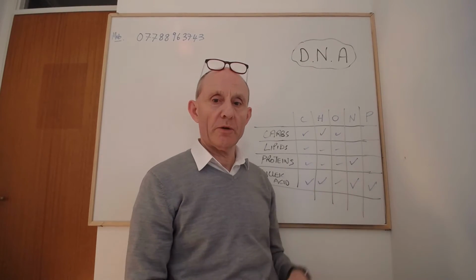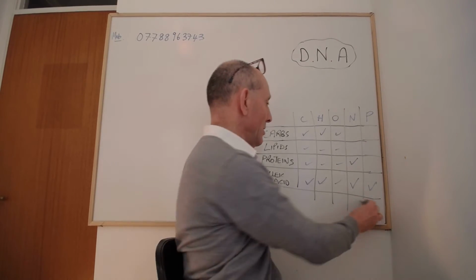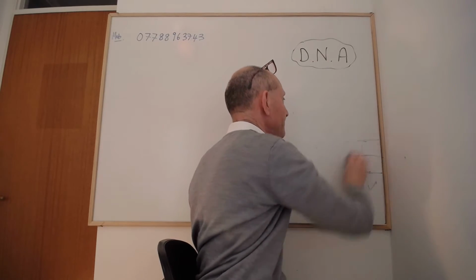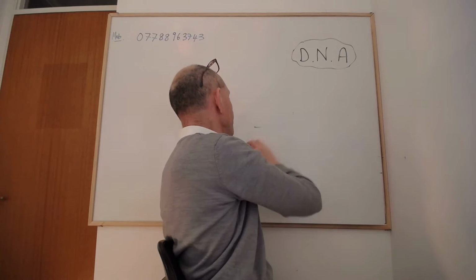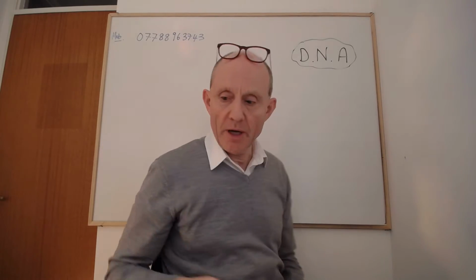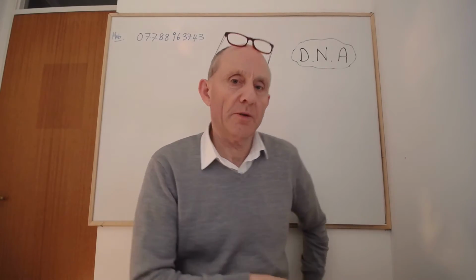Sometimes you get questions in the biochemistry topic that ask you to be able to distinguish between different molecules according to what elements are present. So DNA then contains the elements carbon, hydrogen, oxygen, nitrogen, and phosphate.